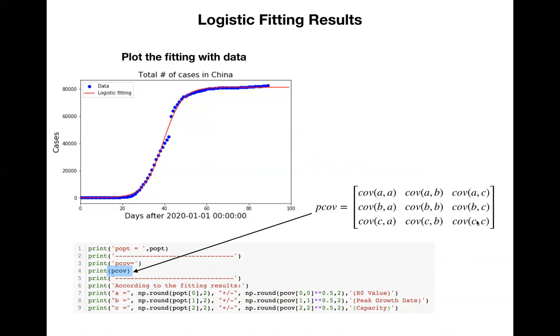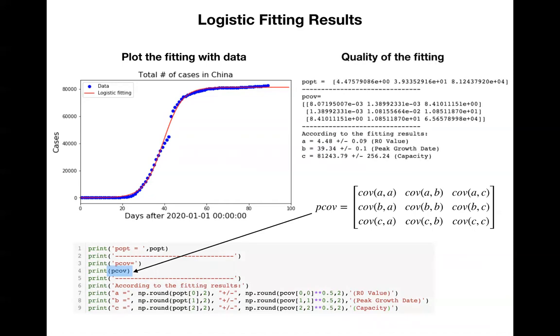The smaller the standard deviation is, the better the curve fitting is. So let's bring out the variations of A, B, and C and see what that looks like. If I print this out, this is the quality of fitting. So popt gives the best estimates, and that's the covariance matrix.